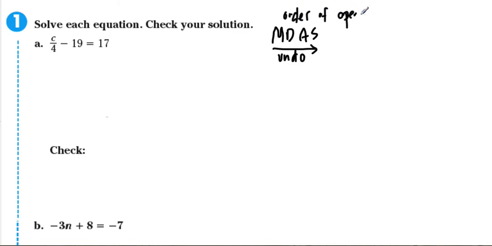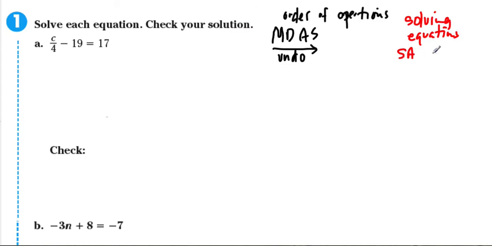So in trying to solve two-step equations, we kind of do this backward. Instead of multiplication and division before addition and subtraction, when we're solving equations, we do the opposite.